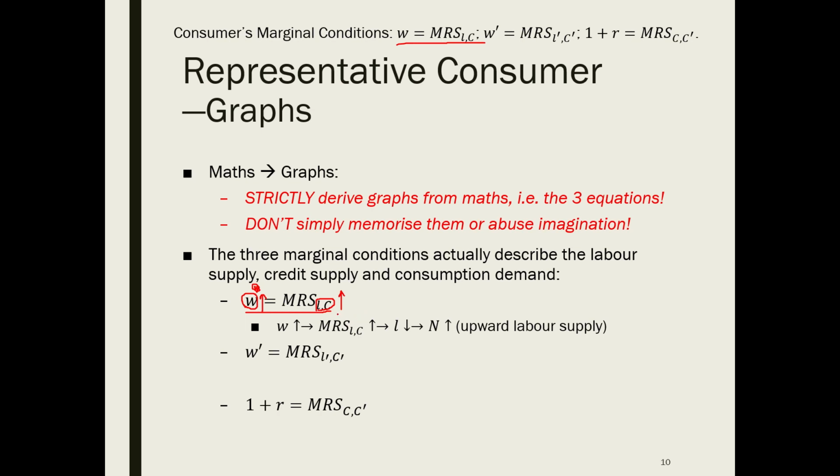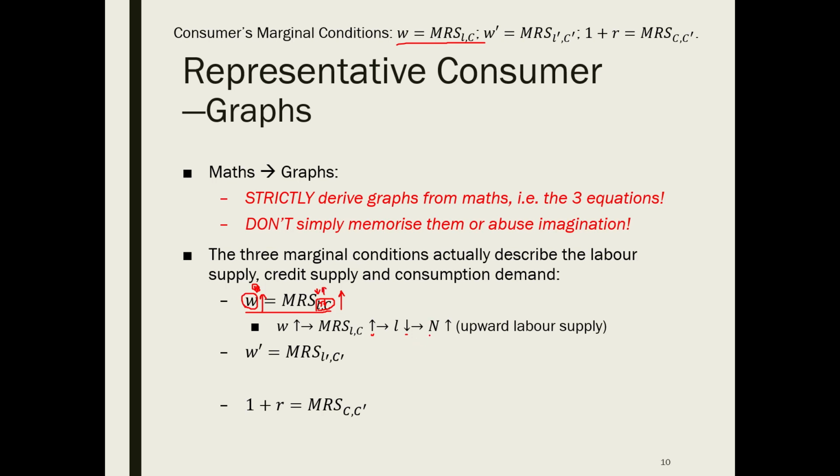So the MRS on the right-hand side must rise. To make that happen, leisure must drop according to the diminishing law. Recall that diminishing law means a higher leisure leads to a lower MRS. Reversely, a lower leisure leads to higher MRS.